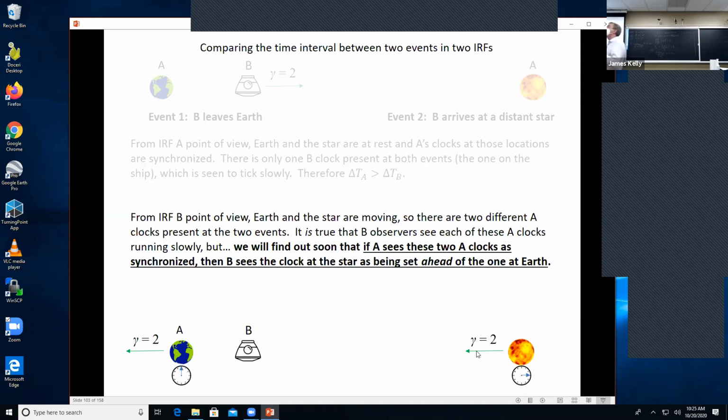Okay, so things that are synchronized in one frame are asynchronous in another frame. Okay, so if A says my clock reads noon right when the Earth people and the star people clock read noon at the same time, and they read 12:15 at the same time, B is going to have a different opinion about that.